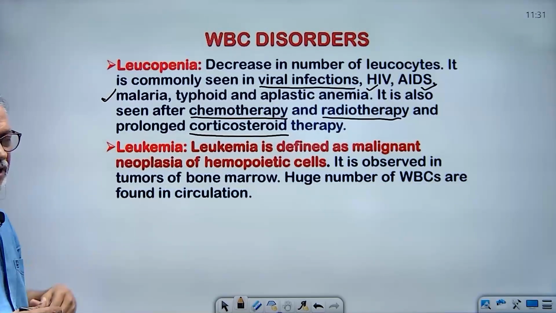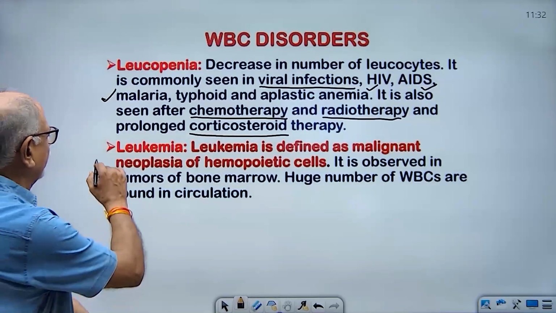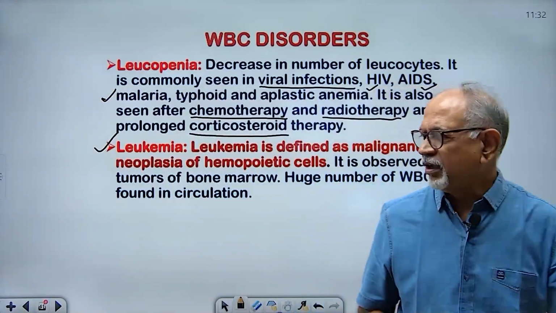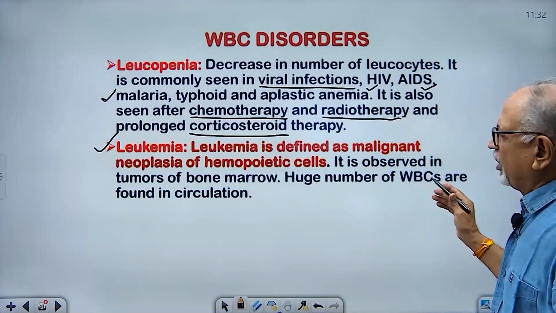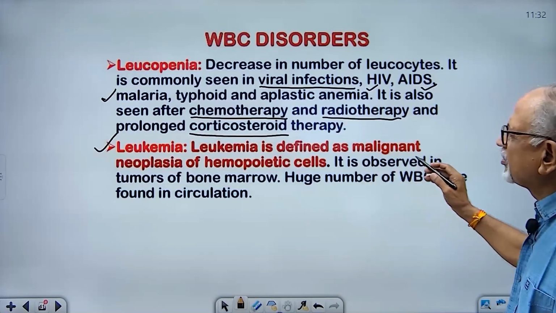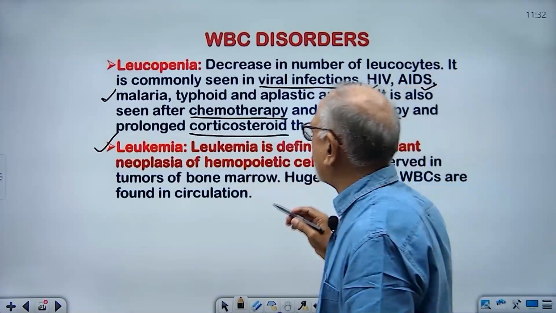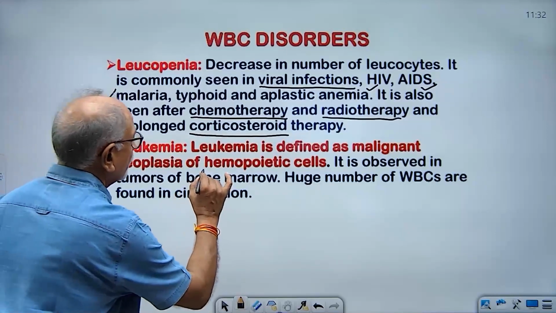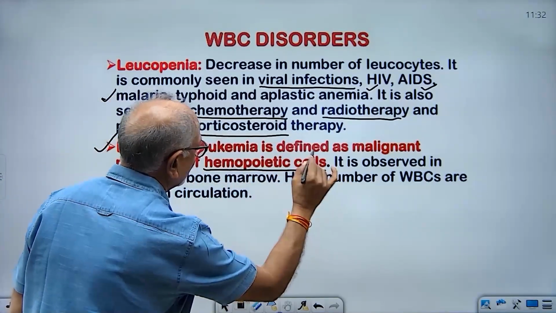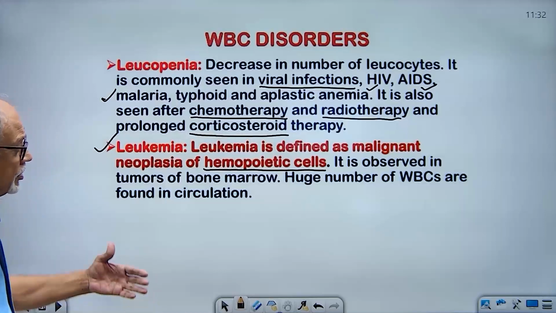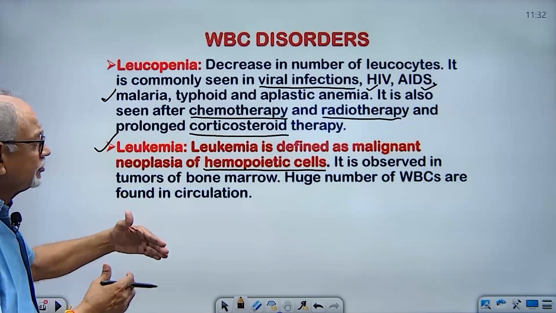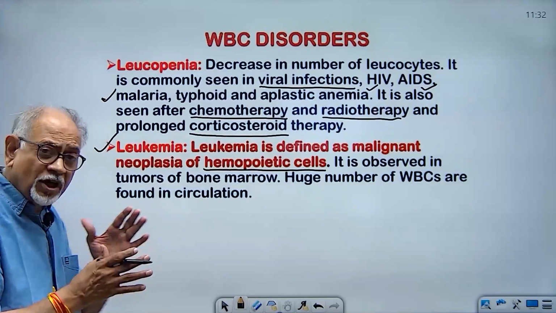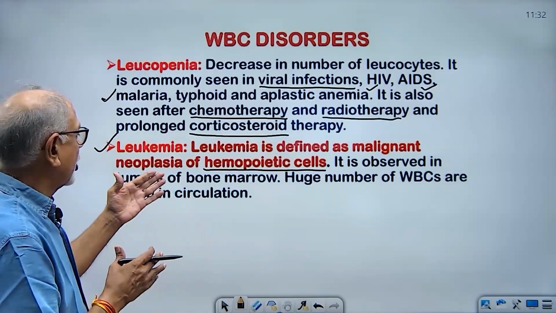Then leukemia. Leukemia, just the reverse of this, means an abnormal increase in the number of blood cells. Leukemia is defined as malignant neoplasia of hemopoietic cells, meaning the hemopoietic cells which are responsible for production of blood cells increase their production and an abnormal number of WBCs are produced.